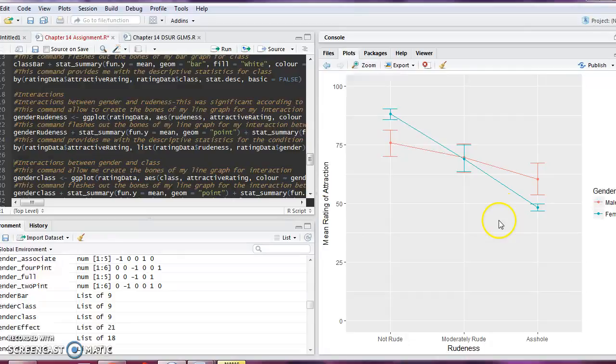Now the interesting thing about this particular graph is that when you get to moderately rude, you see that both men and women give similar ratings of attractiveness for those who are moderately rude. So essentially the sense that we can make from this is that the levels of rudeness doesn't matter up until you get to moderately rude.